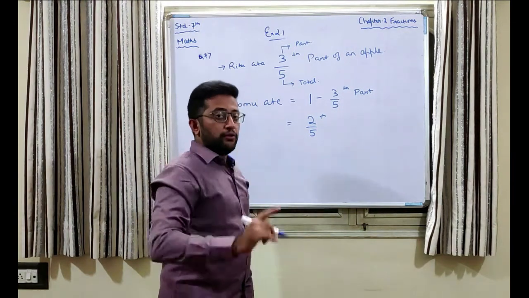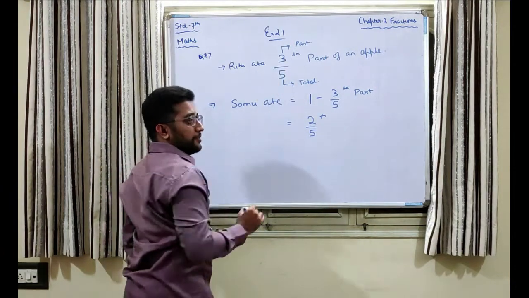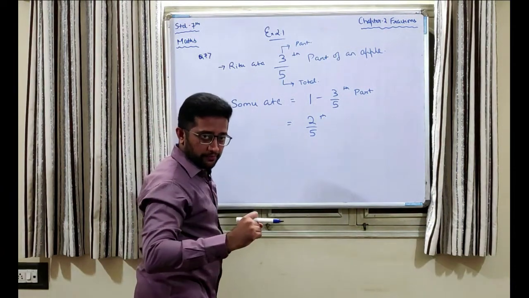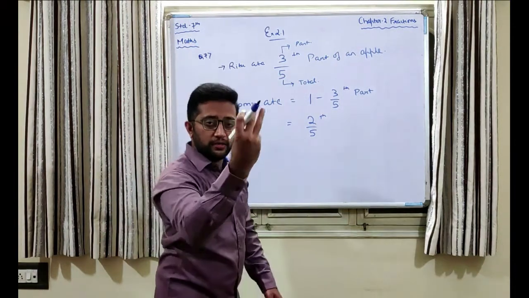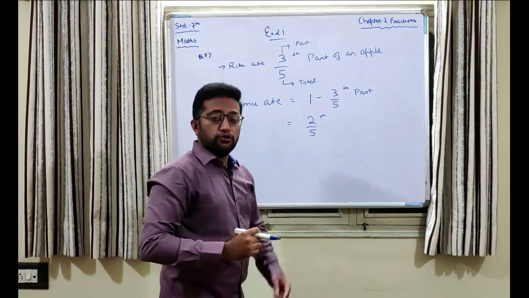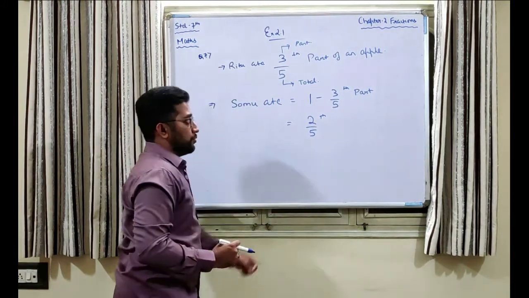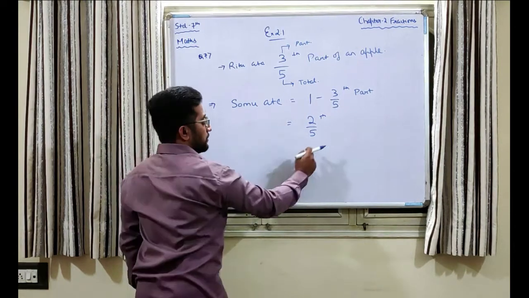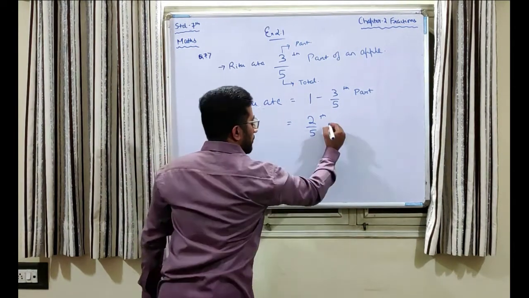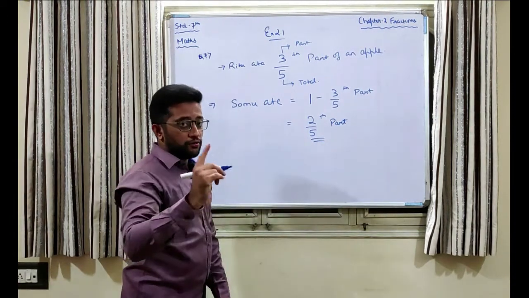You can directly also calculate that out of 5 parts, Ritu ate 3 parts. Okay, you can consider it like that. So what must be the remaining part? That is 5 minus 3, 2. So Somu must have eaten 2/5 part. Okay, this is your answer to the second question.